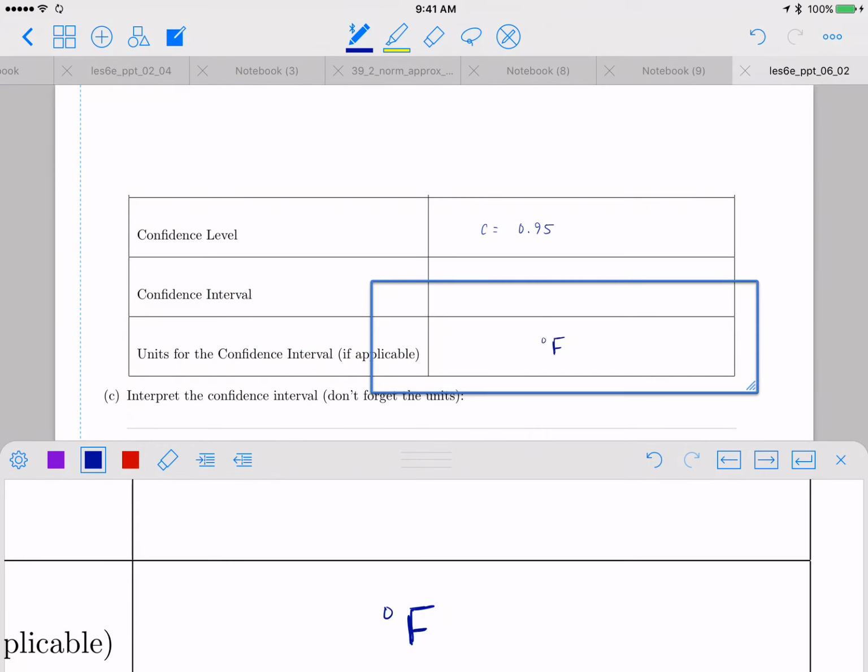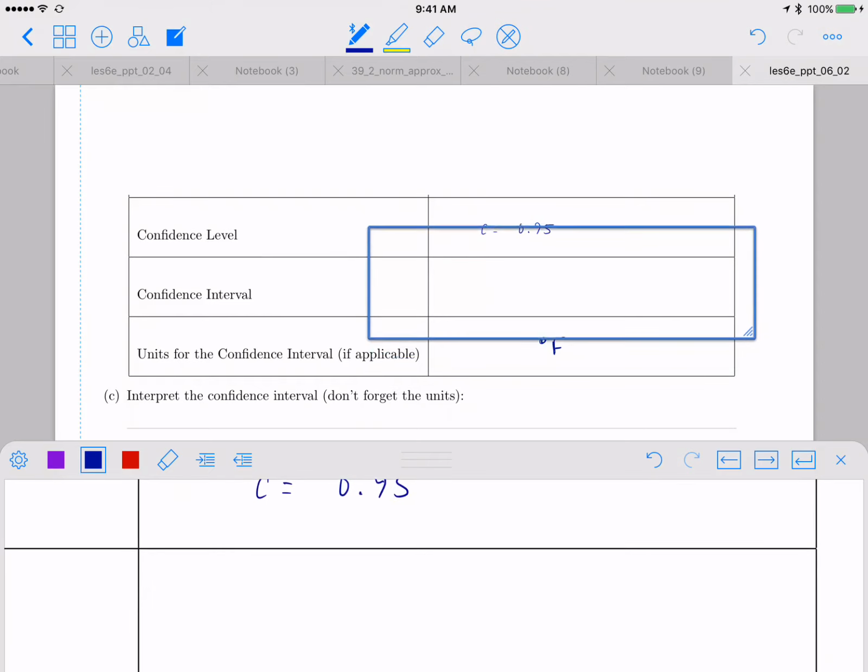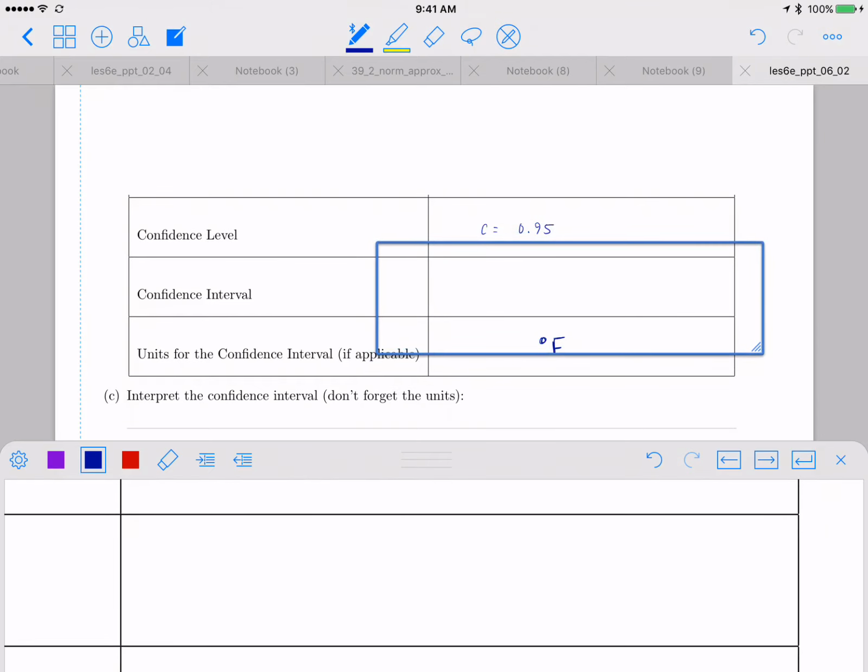And now when you do the confidence interval, you're going to go to stat, and then tests, and then you're going to go to T interval, and then you're going to input S equals 10, X bar equals 162, and I think you need to put in degrees of freedom.